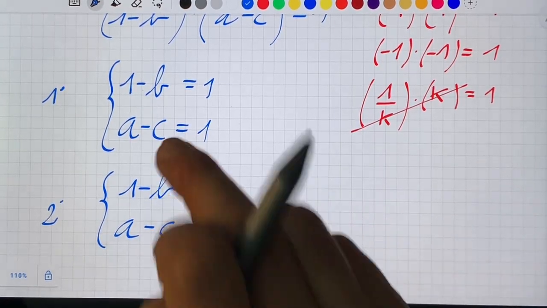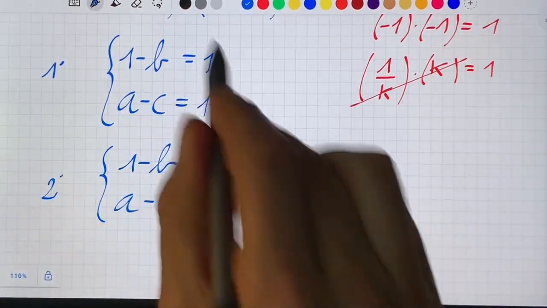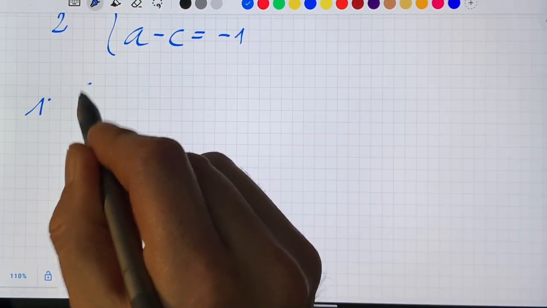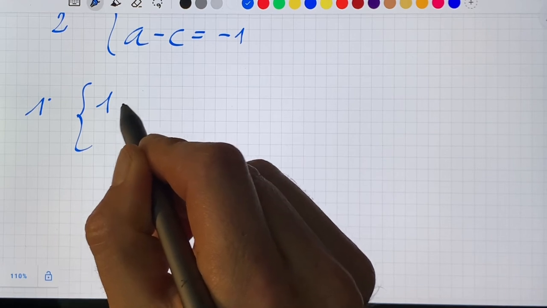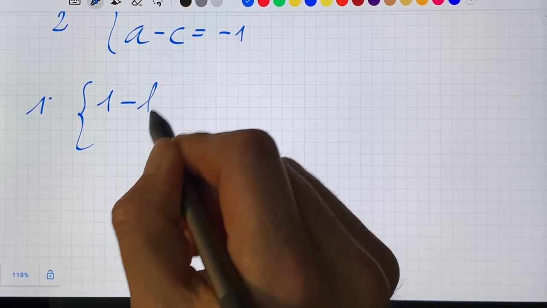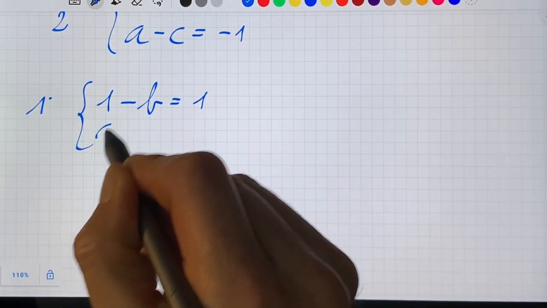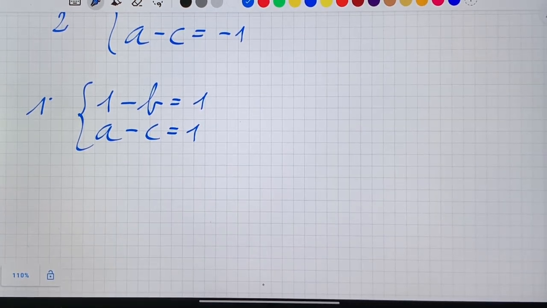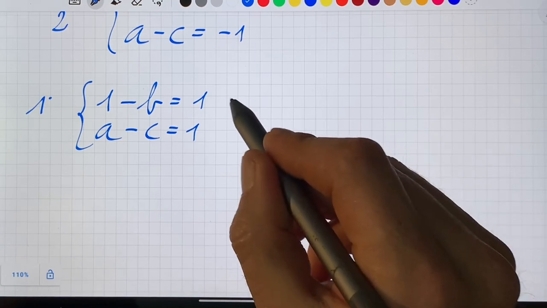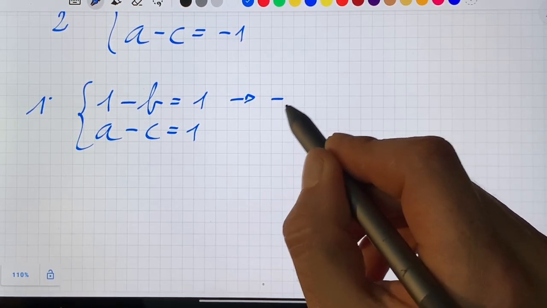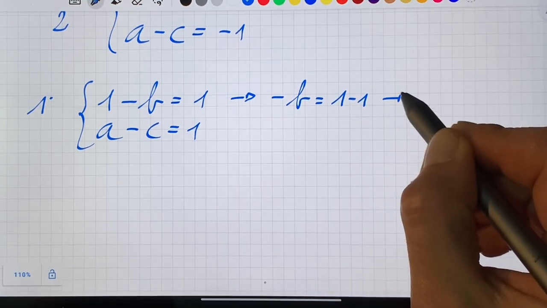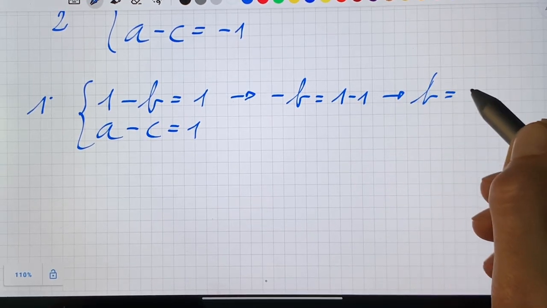Now, we will work on the first case. 1 minus b is equal to 1 and a minus c is equal to 1. From the first equation we get that minus b is equal to 1 minus 1. That means b is equal to 0.